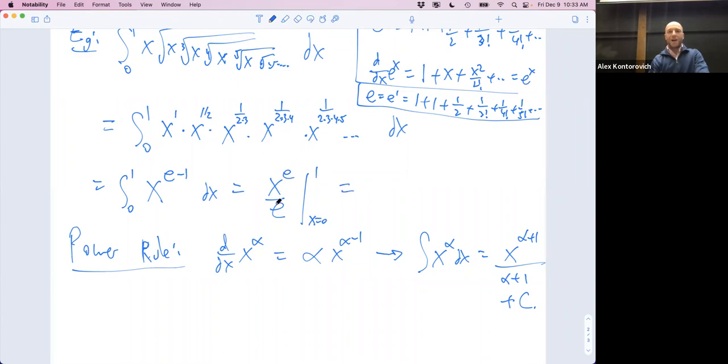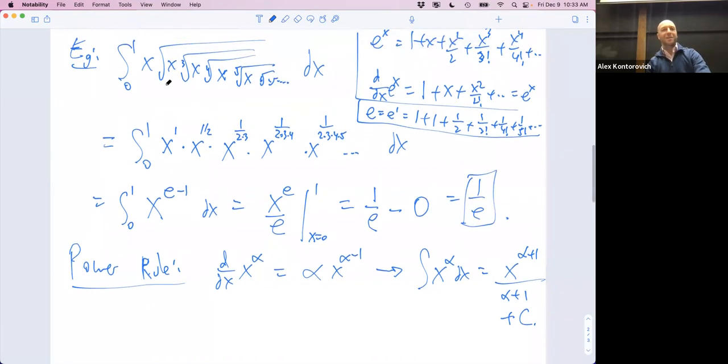When x equals 1, I get 1 to the e is 1 divided by e, minus when x is 0, 0 to the e, not e to the 0, 0 to the e is 0. And so the answer is 1 over e. This crazy, crazy infinite nested integral is nothing but our old friend 1 over e. Okay. Cool, fun. Euler liked this kind of stuff.